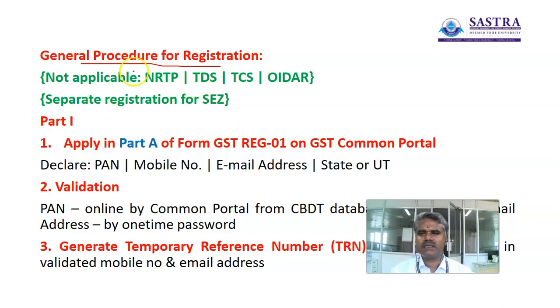But this general procedure is not applicable for NRTP, TDS, TCS and OIDAR. That is the non-resident taxable person, a person who deducts tax at source (TDS), a person who collects tax at source (TCS), and online information and database access or retrieval services. Also, as we discussed earlier, we need a separate registration for a special economic zone.